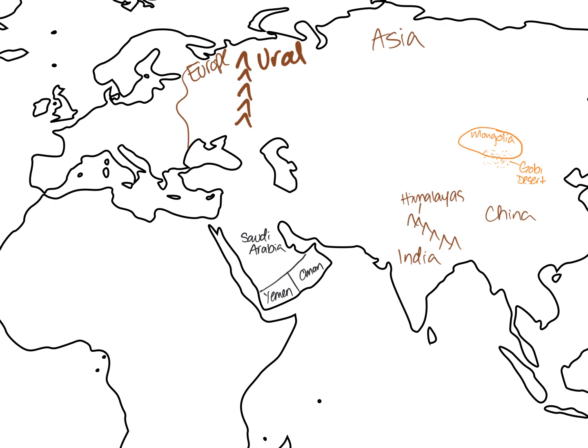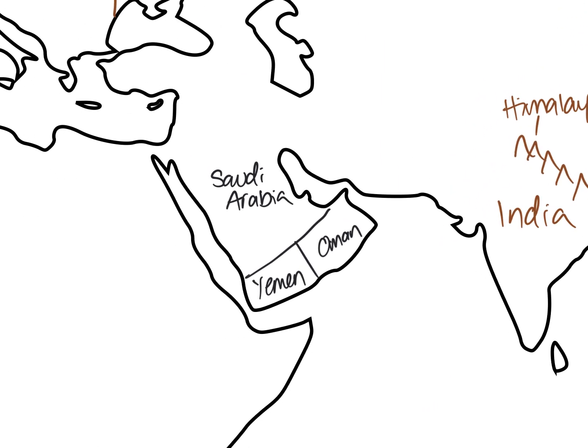This really big desert is in the southern part of Saudi Arabia, Yemen, and Oman too. This is called the Rub al-Khali.